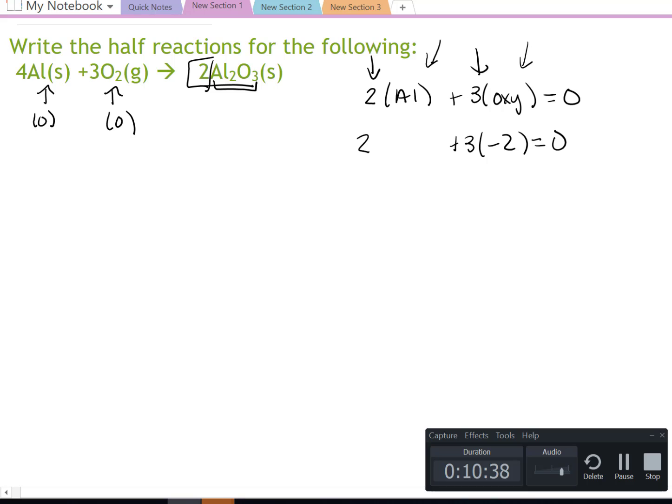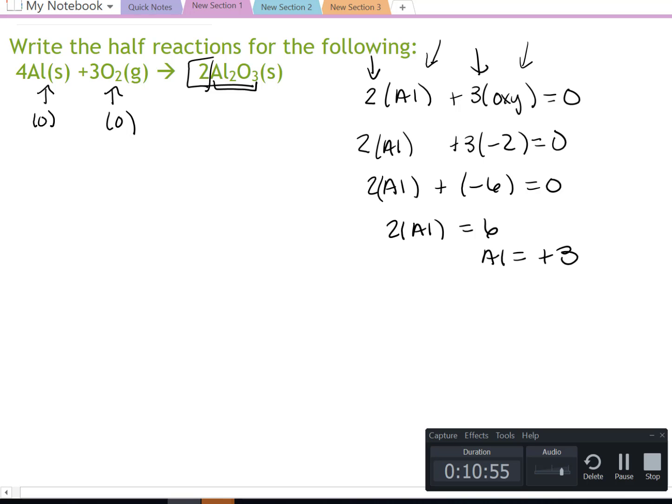So we have 2 Al, and let's rewrite this: 2 Al plus -6 equals 0, so then 2 Al is equal to 6, so Al is equal to +3. So this is +3, and this is -2 for oxidation state.